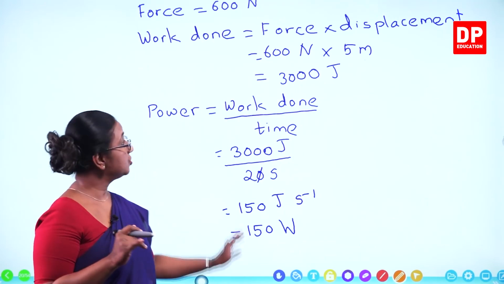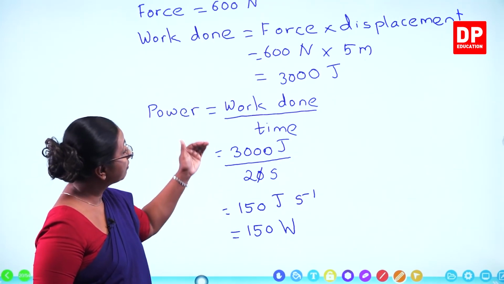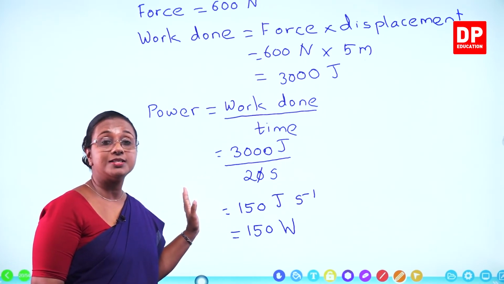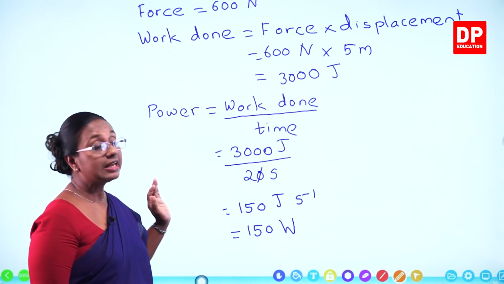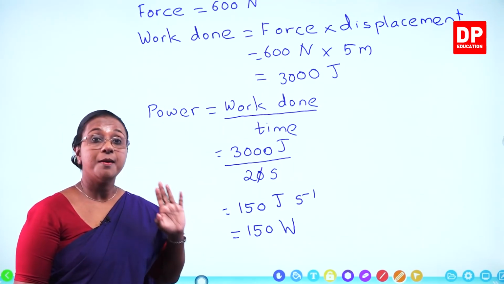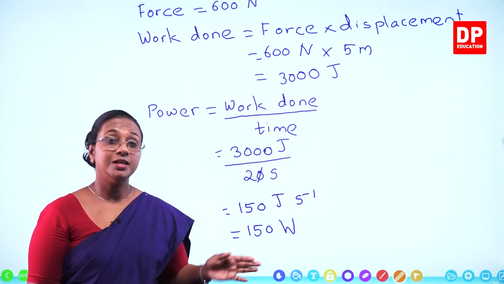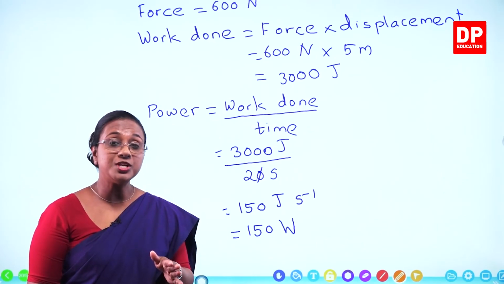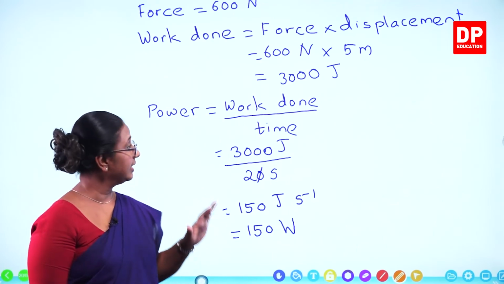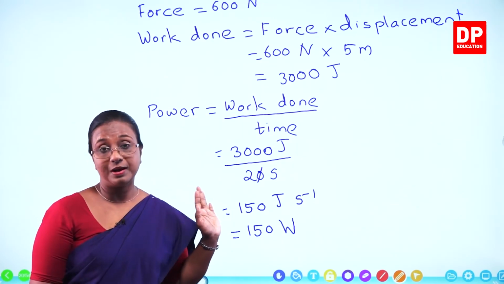Now here students, you don't have to write all these steps and do this calculation if you are going to answer the MCQ. You can directly do the calculation without writing all these equations. But you have to make sure that you find the weight of the object, that is the force done, then you calculate the work done, and finally you calculate power.